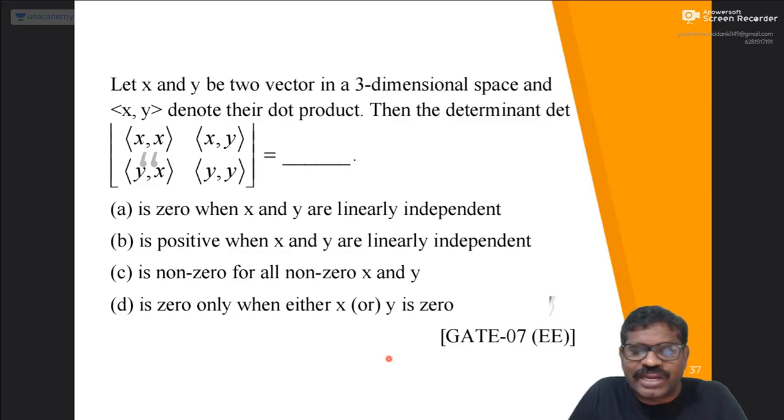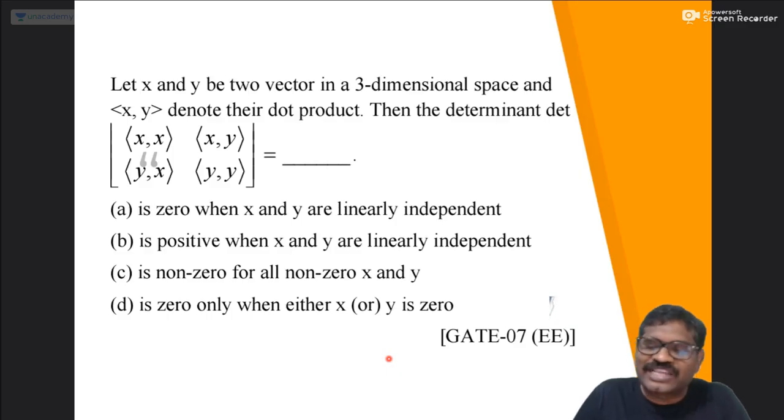X dot y denotes their dot product, inner product. Then the determinant, he has given the determinant with inner products, is 0 when x and y are independent, is positive when x and y are independent, is non-zero for all non-zero x and y, is 0 for all either x is 0 or y is 0.